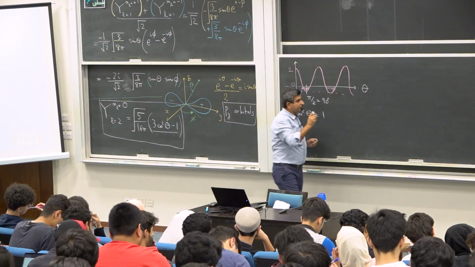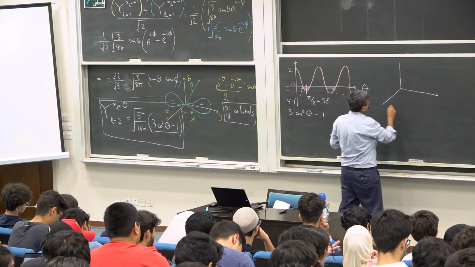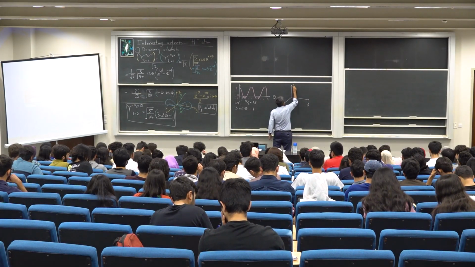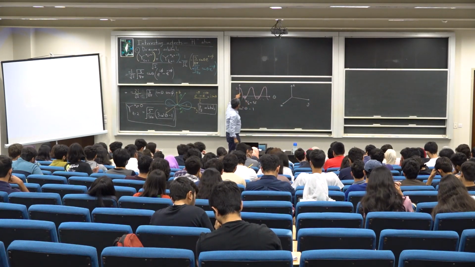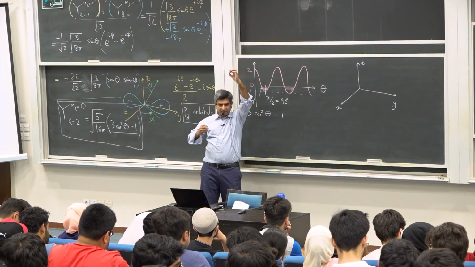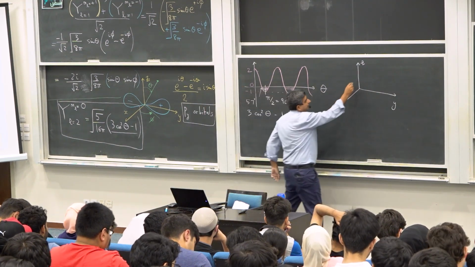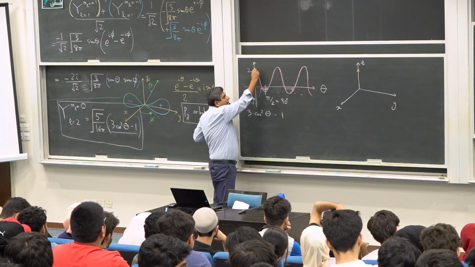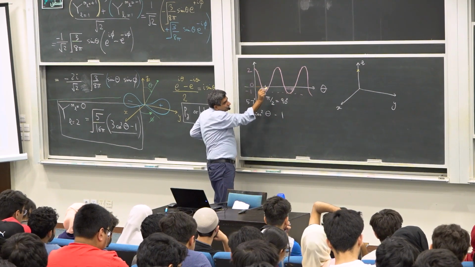So what I would like to do now, I take my 3-dimensional grid. Let me finish now. When theta equals 0, my orbital has maximum value, which means I'm further away from the origin. So I mark a point over here. Then my distance from the origin keeps on decreasing as theta goes up.